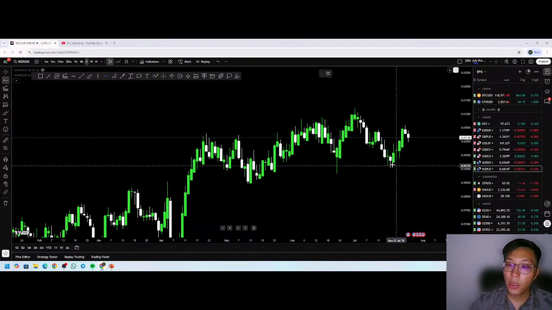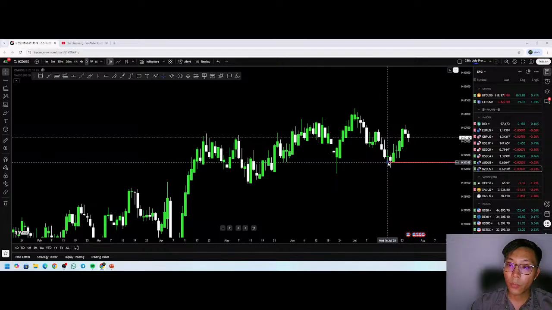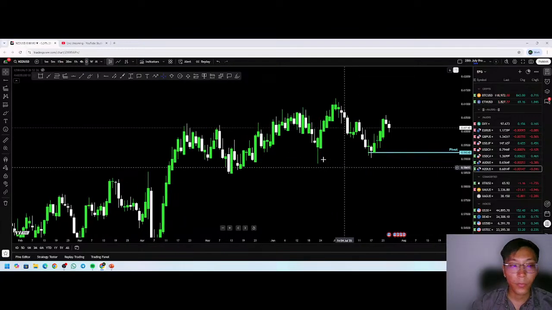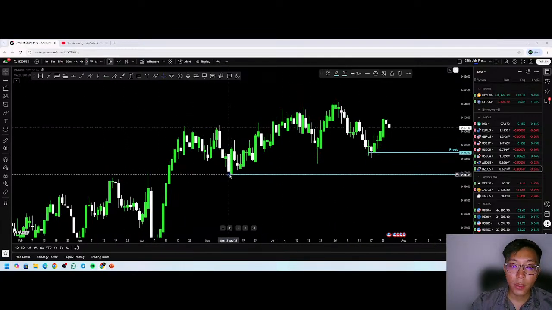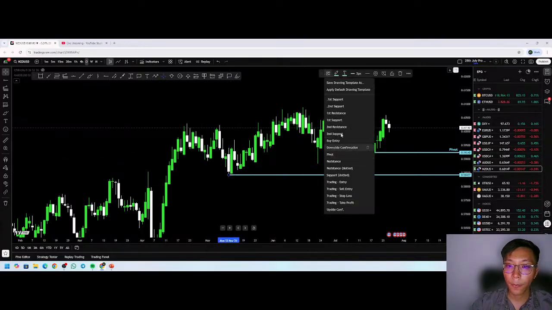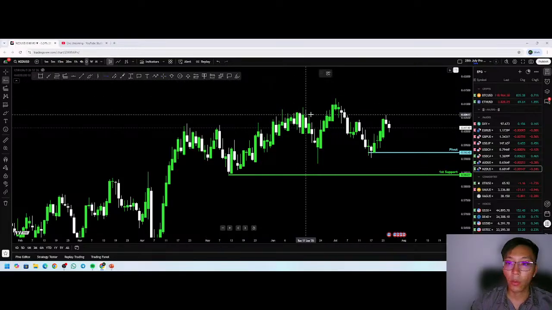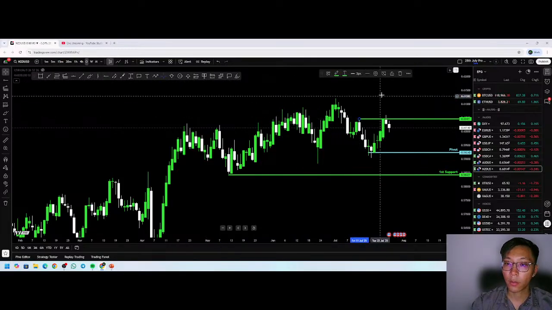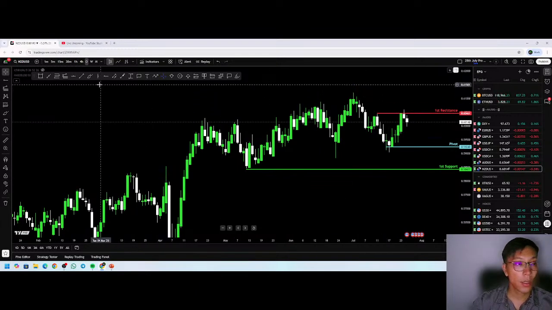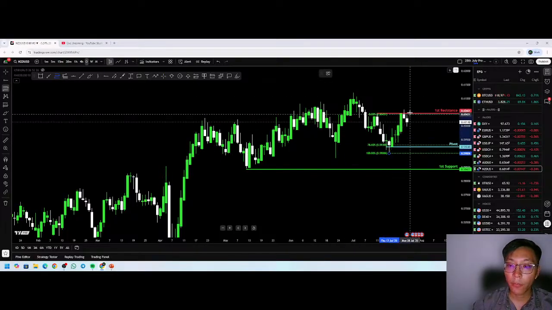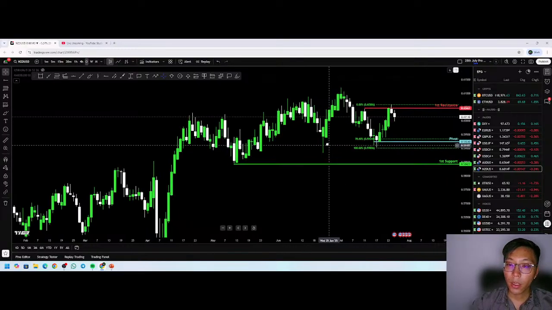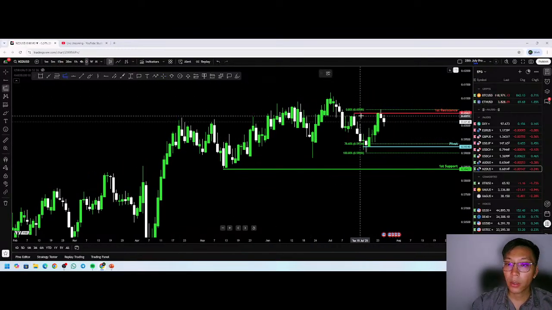Okay, so for NZD USD, most probably we will place this as our pivot point, and then we will use this as our first support area, and then we will use this as our resistance point. Okay, so this is what we might be looking at for NZD USD.